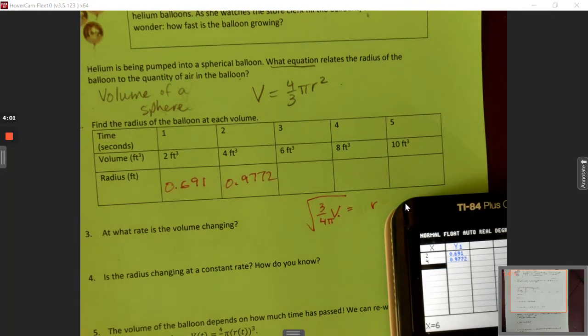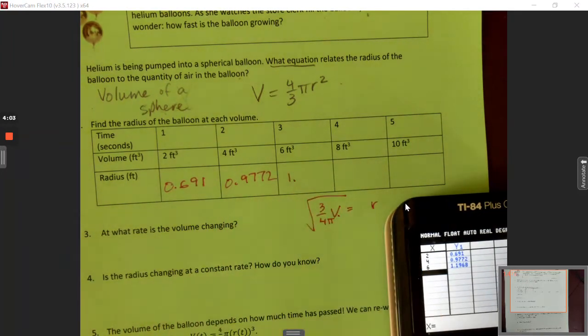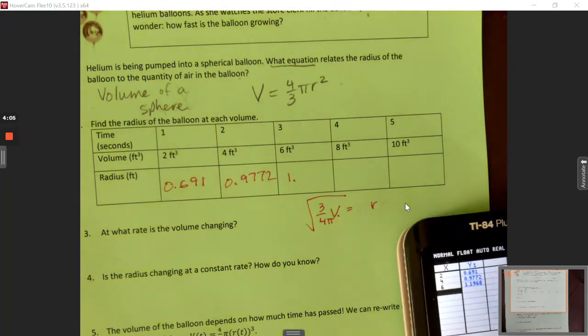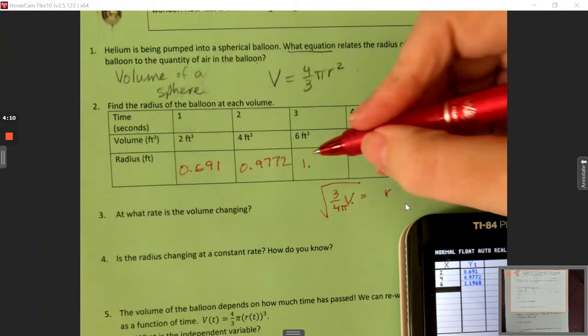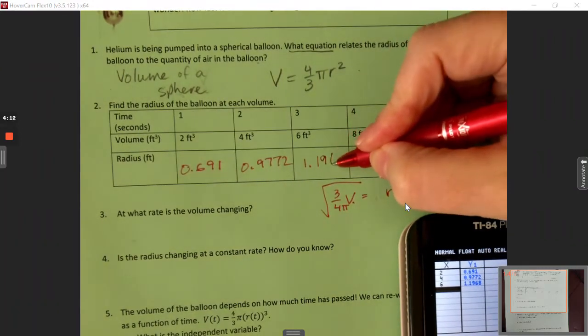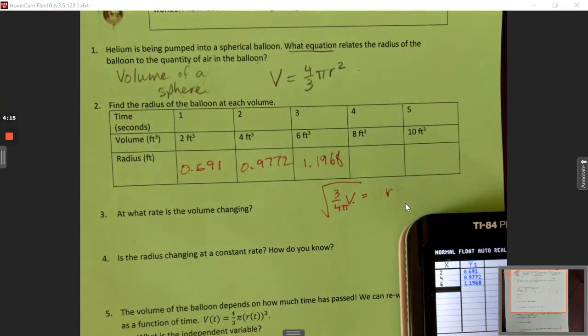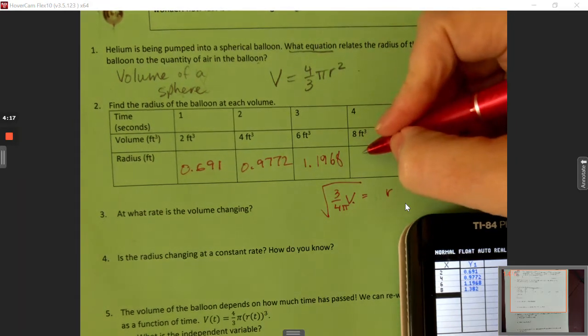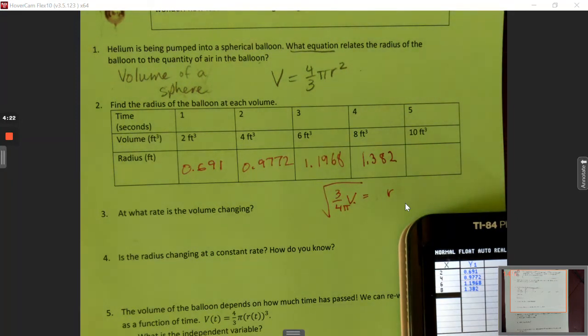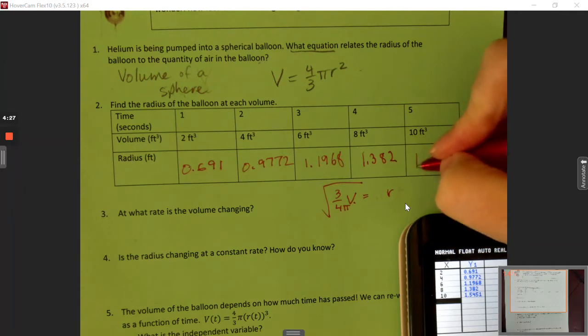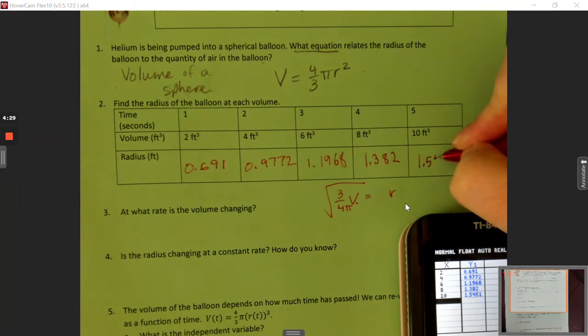And then 6 feet cubed, 1.1968. 8 feet cubed, 1.382. And 10, and I get 1.5451. Okay, and so there we go.